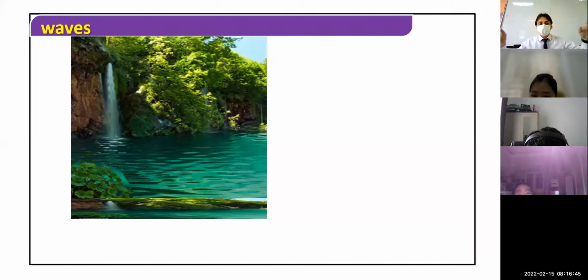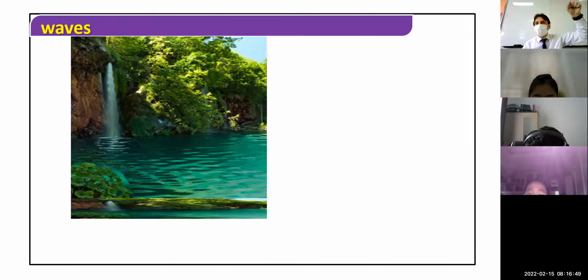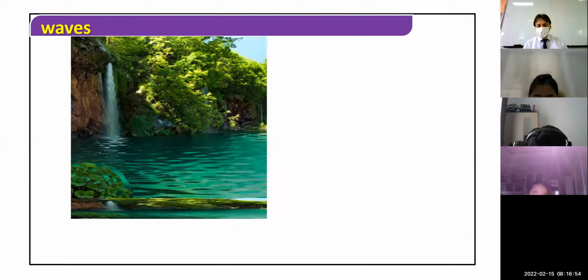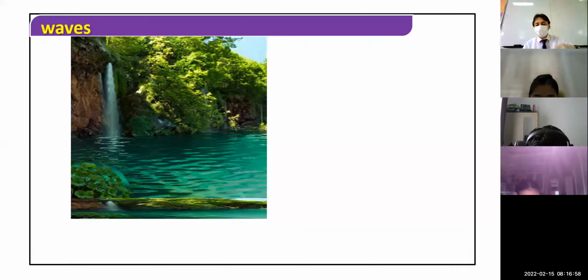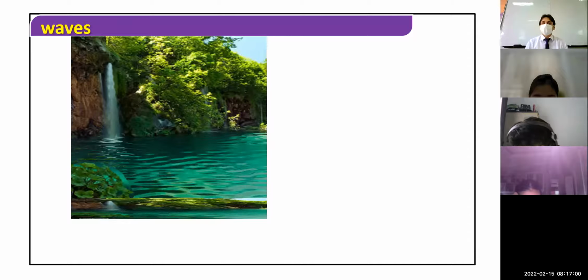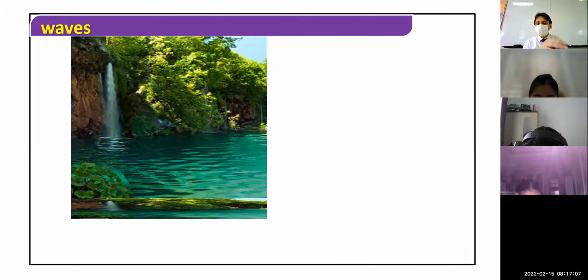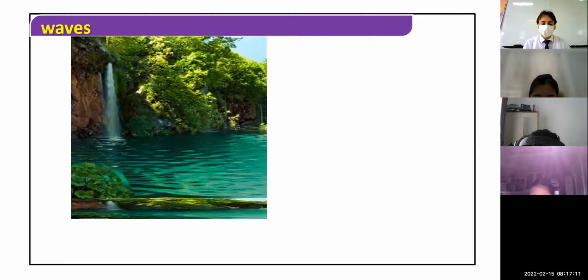Here the water is stored at a certain height, so it contains which kind of energy? Gravitational potential energy. When the water comes down from that height, it is converted into kinetic energy. The falling water collides with the water molecules of the pond, the reservoir here.